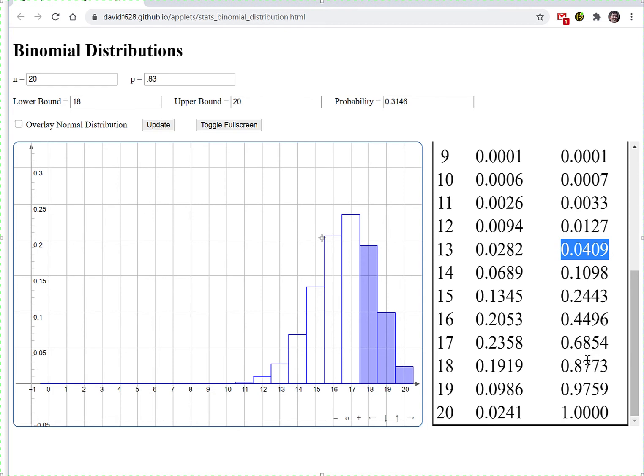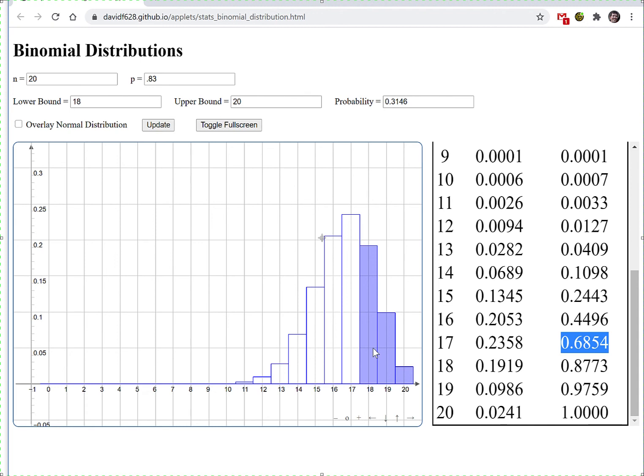Now, it's starting from 0 and going up to a certain number of outcomes. So it's not helpful directly, but it is helpful indirectly. Because if I get the Binomcdf of 17 trials, that would tell me the sum of all of these white histogram bars. And that's complementary to the sum of these 3 blue ones.